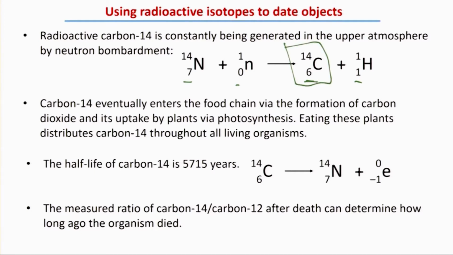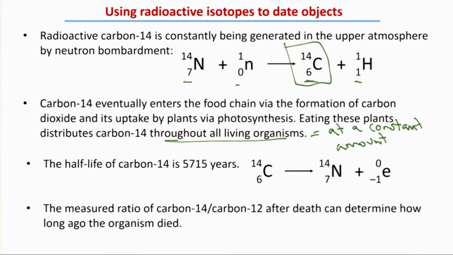Now this gets into the food chain: carbon dioxide, plants, you breathe out carbon dioxide, you get it in your body. You have lots of carbon in your body, and overall, living things will roughly contain a constant amount of carbon-14.